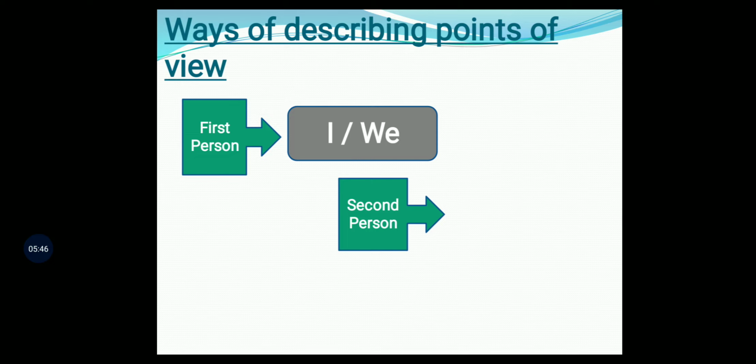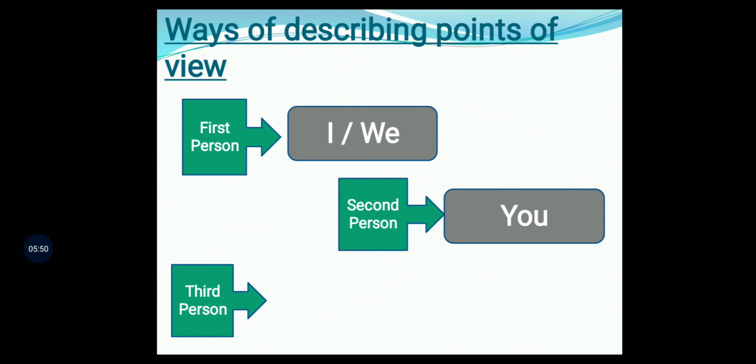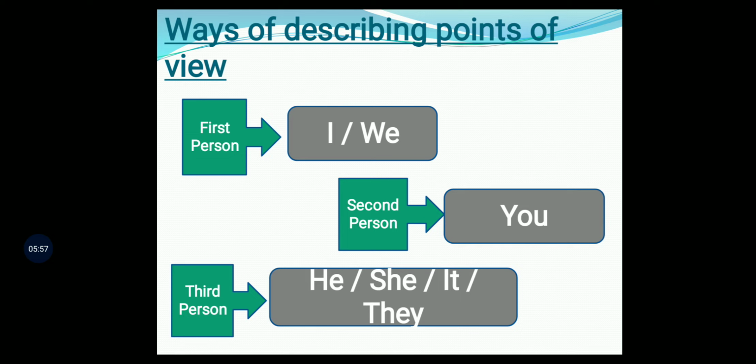You're referring to the second person, and you make use of you. Again, coming to the third person, in this case you are talking to somebody about somebody else. So in this case we use he, she, it, or they. So please note the 3 points of view. First person is when you're talking about yourself, second person, you're talking to somebody, third person, when you're talking to somebody about somebody.